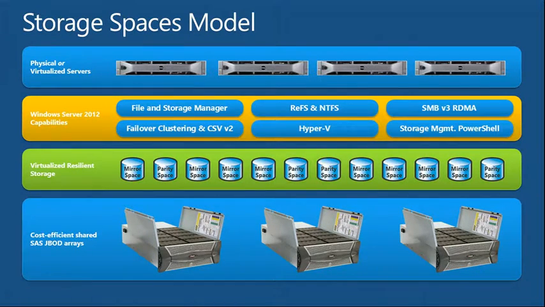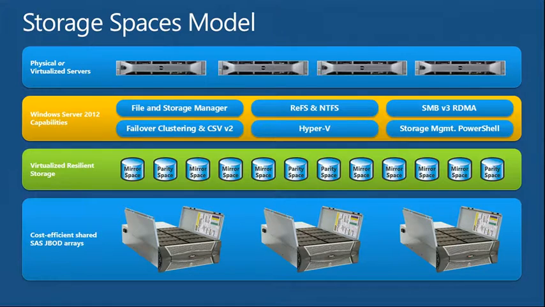And then above that, you have your server that can go off and use these. So you've got your FSRM, File Server Resource Manager utility, to manage different aspects of it. You've got failover clustering that can take advantage of these if they're network connected. You've got, obviously, the Resilient File System, or ReFS, as well as NTFS as two different format options for your volumes on top of these different spaces.